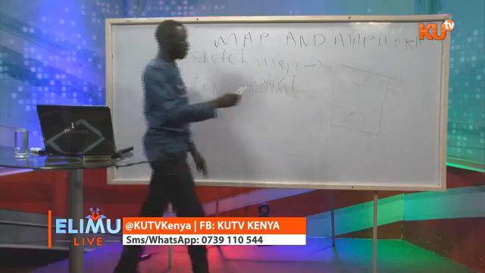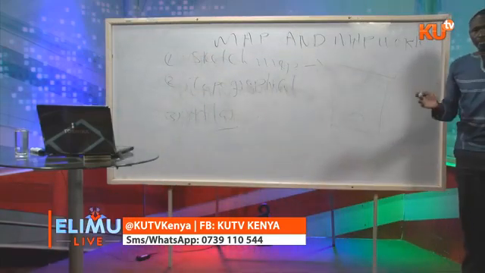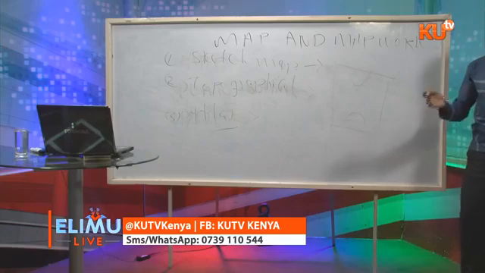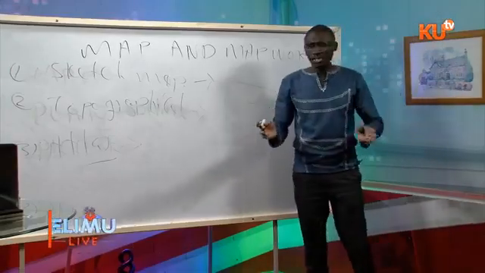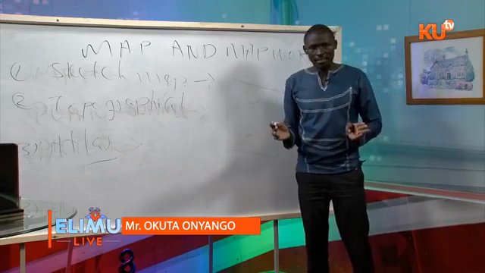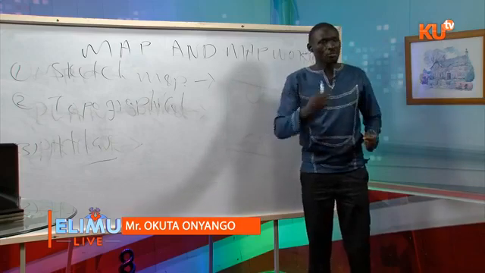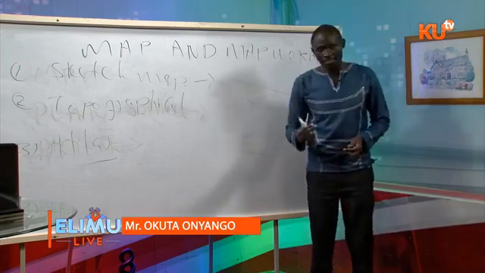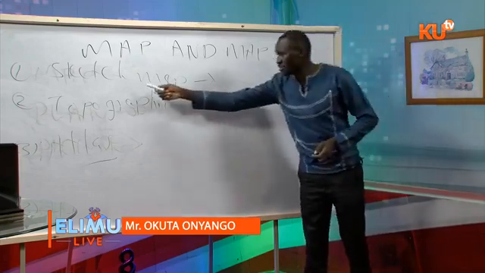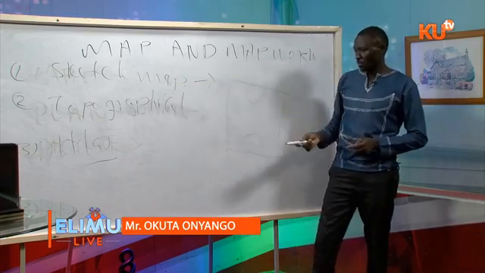For example, when we want to identify a place, maybe in a school or an institution, and we are interested in one particular area, we'll have a sketch that directs us to that area of interest. So a sketch map does not necessarily need a scale for it to be drawn.